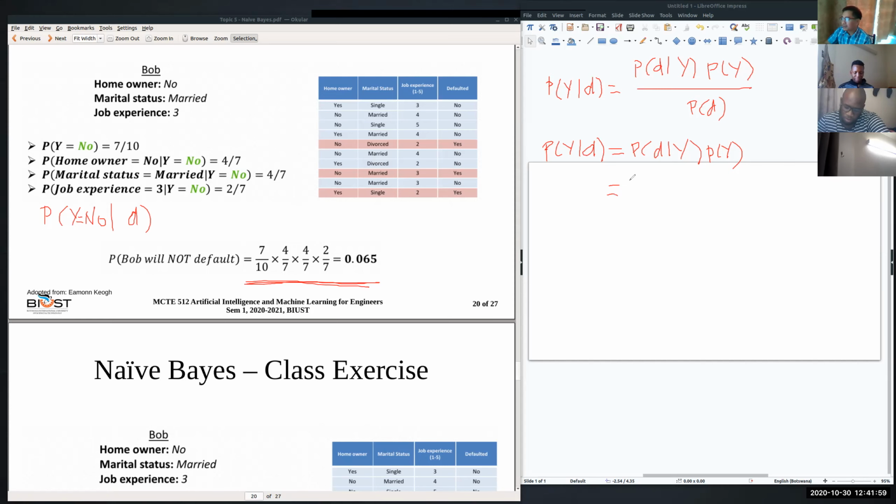We are saying that this can be written by the chain rule of probability as probability of D1 given Y, times probability of D2 given Y, times probability of D3 given Y, times probability of Y. That's the equation that this is doing.